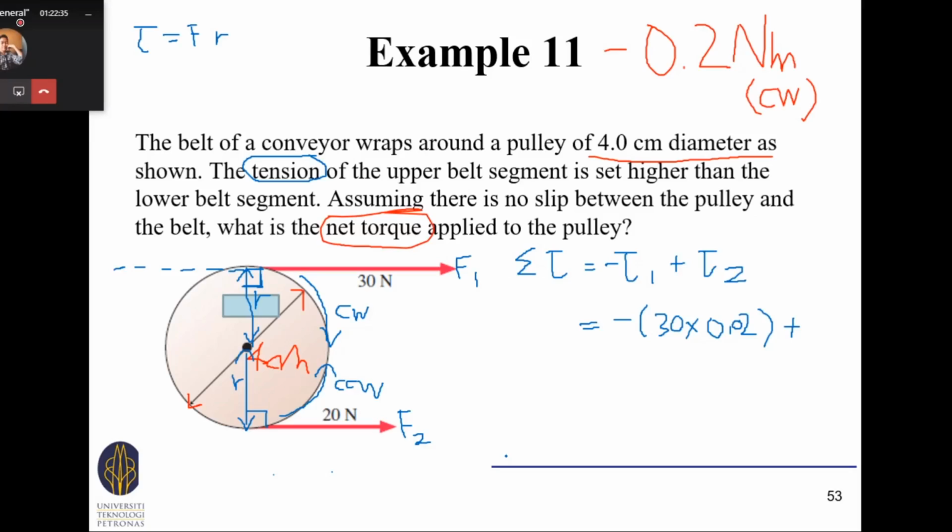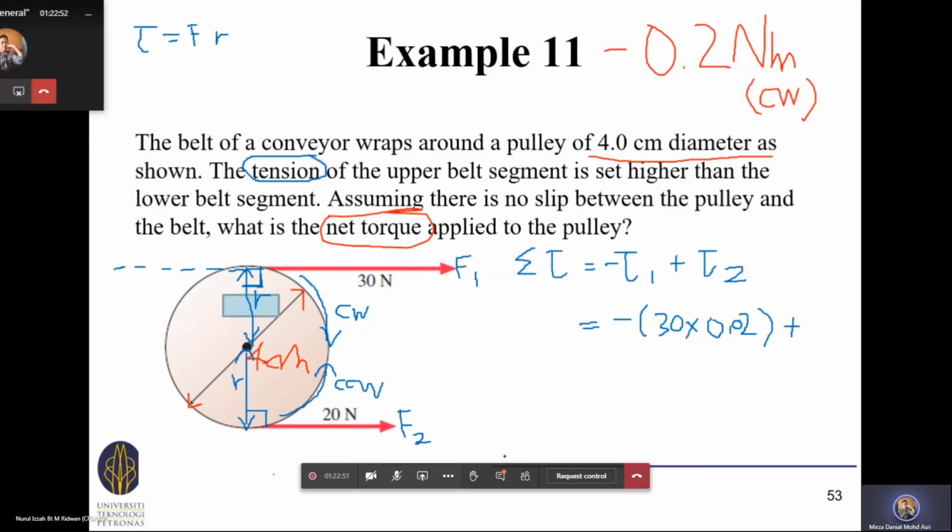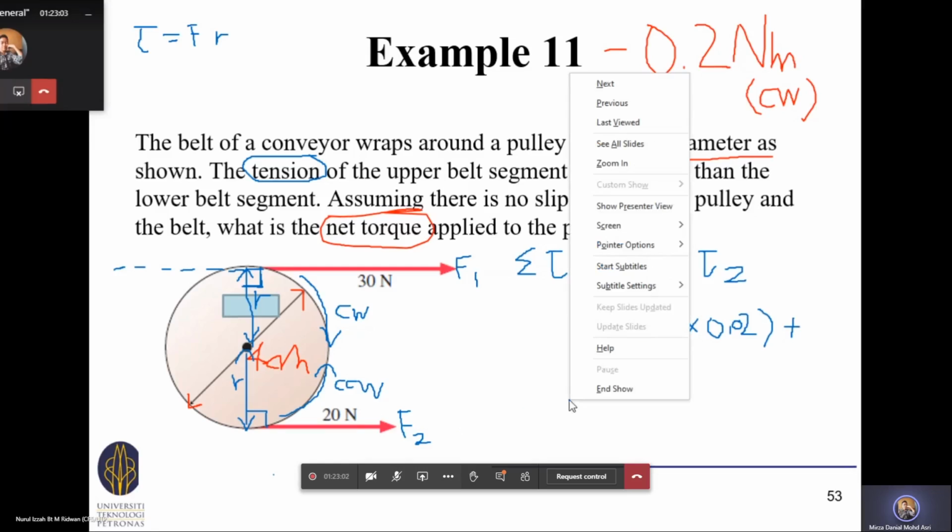Perpendicularly, it will move clockwise, right? So it will be negative. That's the first torque. And then for the second torque we take the 20 Newton. We ignore the first, and it will rotate counterclockwise, so it will be positive. So for torque we have to know the direction first, then we can apply it into the formula.